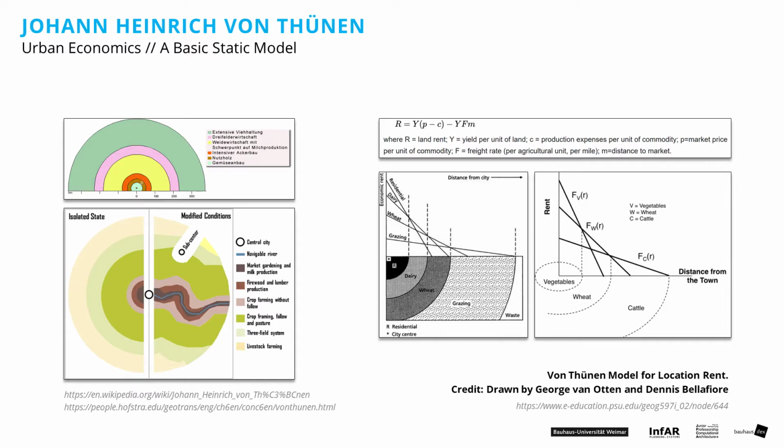It shows the ideal land use, or the ideal agricultural product that you put onto a piece of land, dependent on the distance to a market, which is usually located in the center, so either in the center of these rings or at the origin of the diagram where you see these bid rent curves.